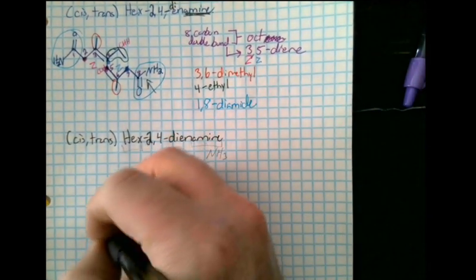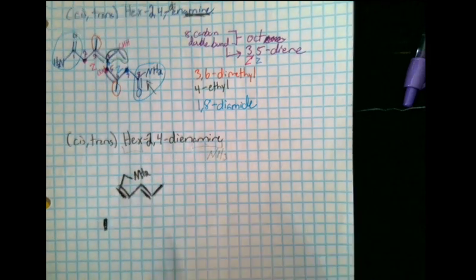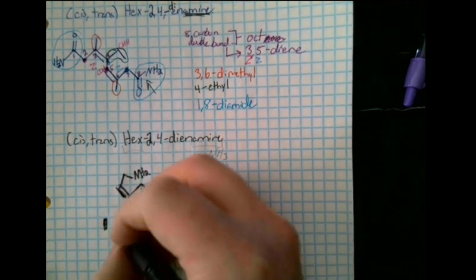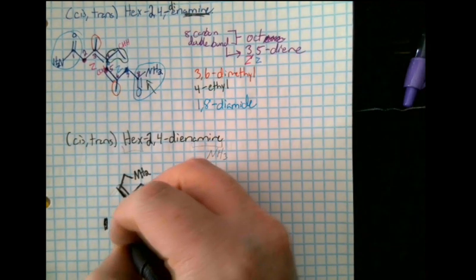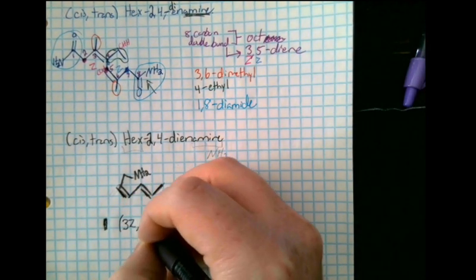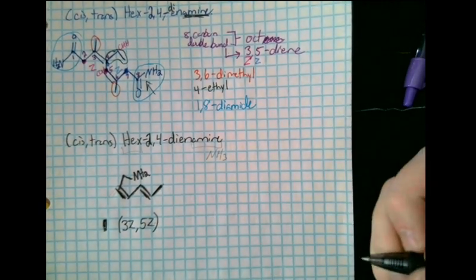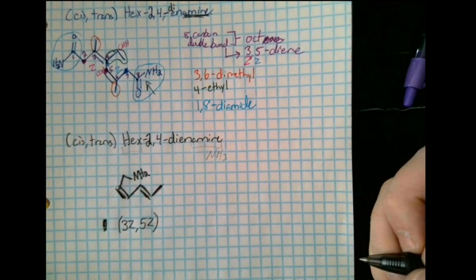So we're going to start with our E and Z configurations. Those go out front. So we're going to do parentheses, 3Z, 5Z. Notice on that one, we don't just list them in order. We actually associate a number with them.